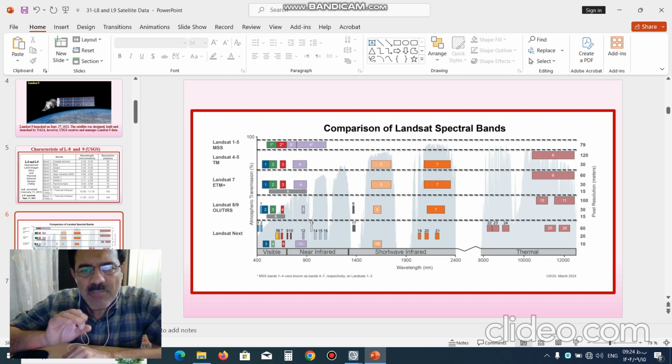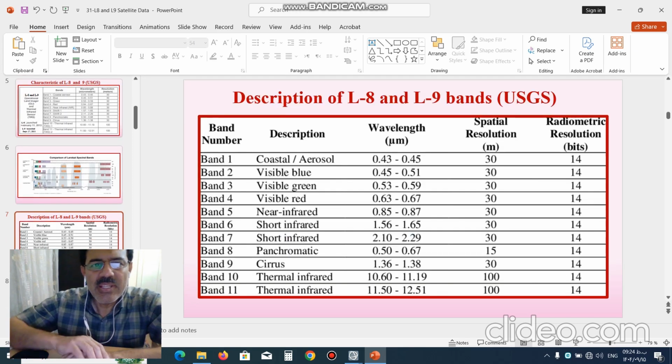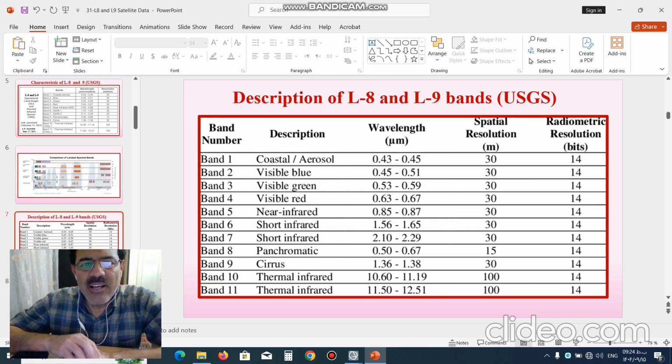We can see suggested bands for Landsat Next from band number 1 to band number 26. And this slide is showing the description of Landsat 8 and Landsat 9 bands from the USGS site.